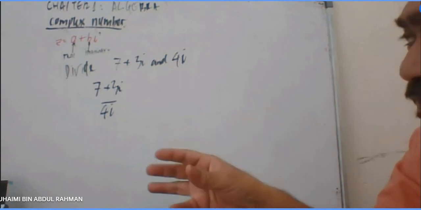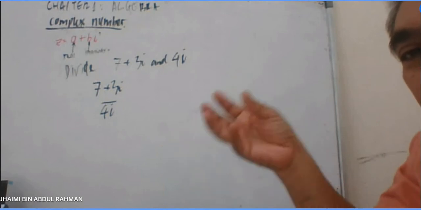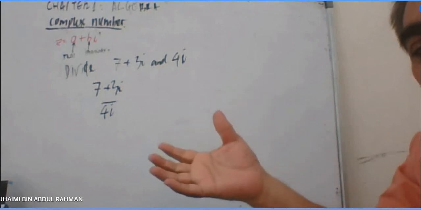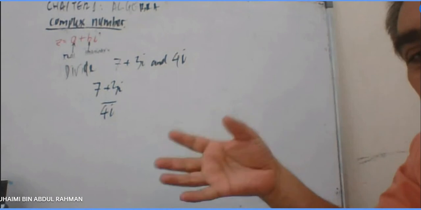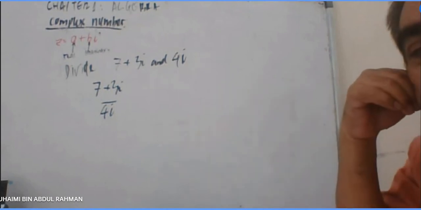We still have a real part and also an imaginary part. The real part is 0, the imaginary part is 4i.